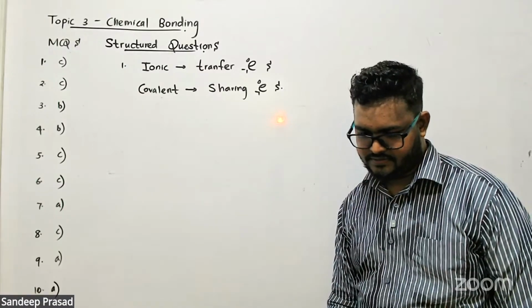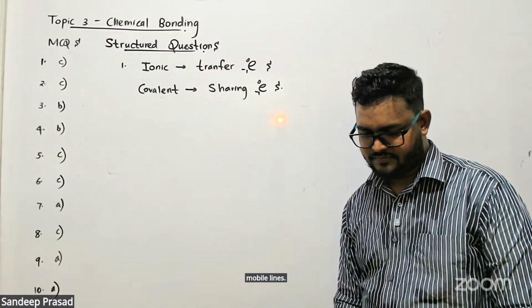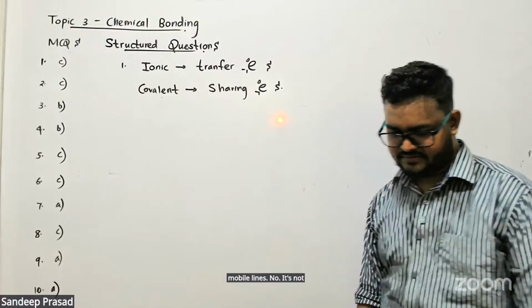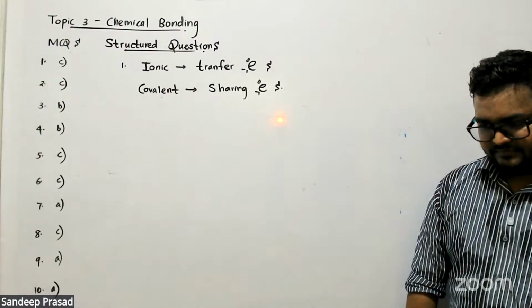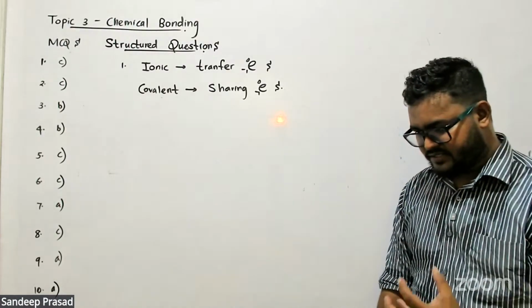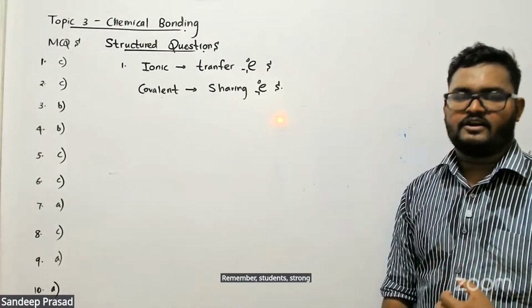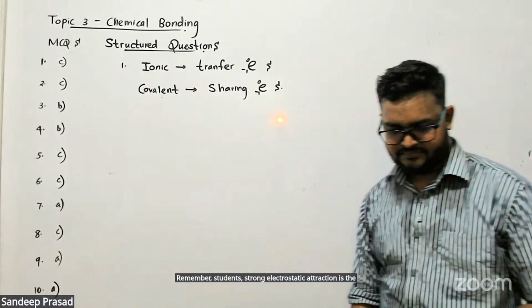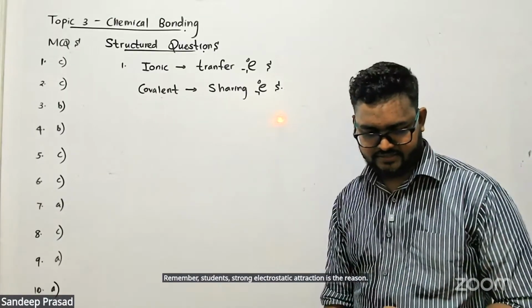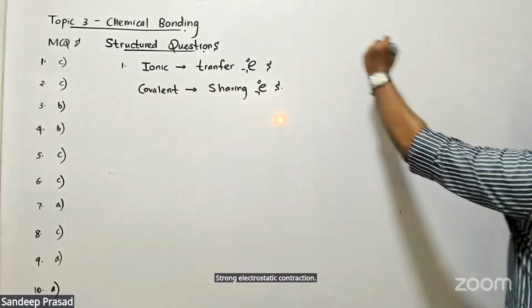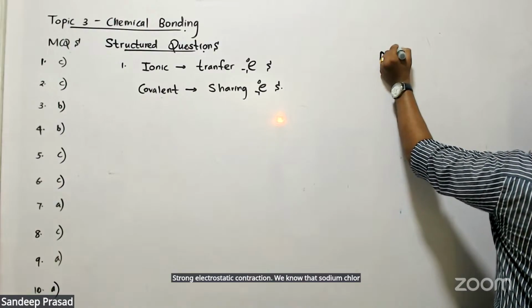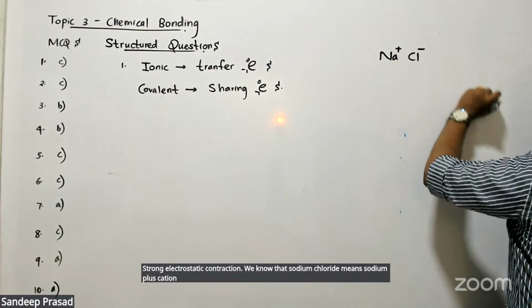Mobile ions. No, it's not the reason. Remember students, strong electrostatic attraction is the reason. Yes, that's correct. Strong electrostatic attraction. We know that sodium chloride means sodium plus cation and Cl minus anion.